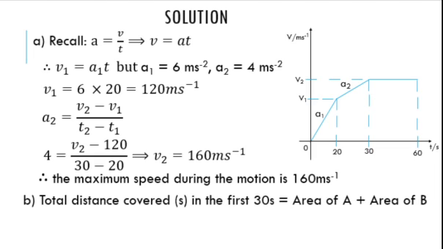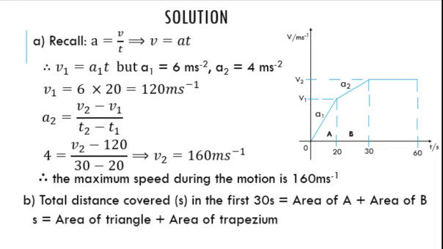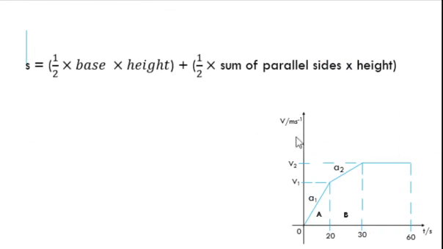The next question is asking to calculate the total distance traveled in the first 30 seconds. So I'm going to look at the shape in that first 30 seconds. I have shape A and shape B, and that will be area of shape A plus area of shape B. A is a triangle, B is a trapezium, just like the former one we solved. So half times base times height, plus half times the sum of parallel sides times height.